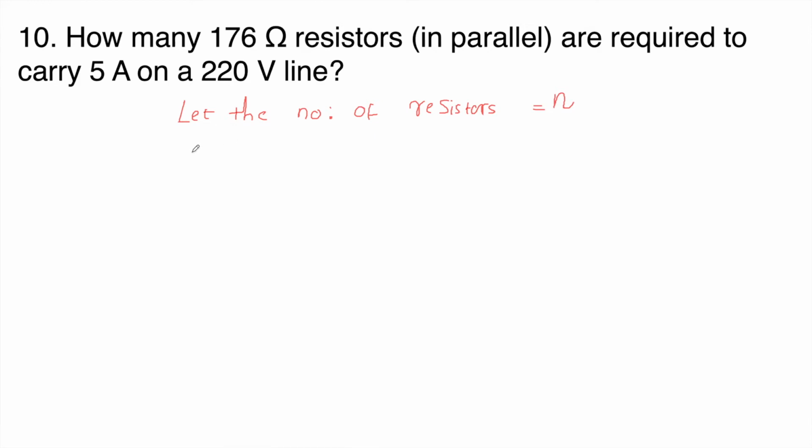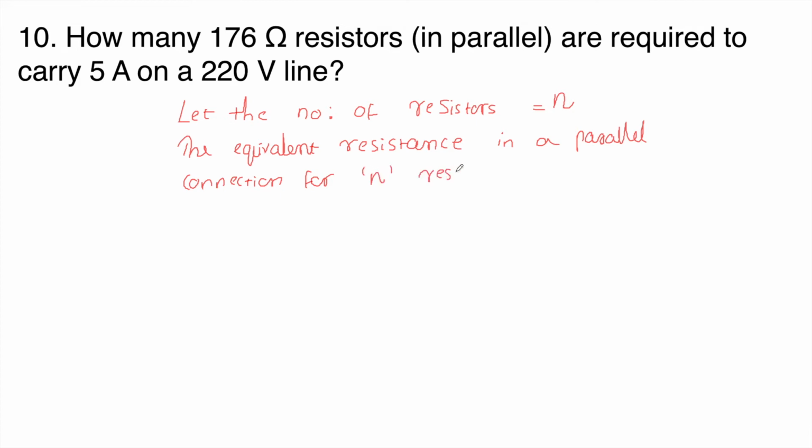That will be 176 by N. The equivalent resistance in a parallel connection for N resistors will be 176 by N.